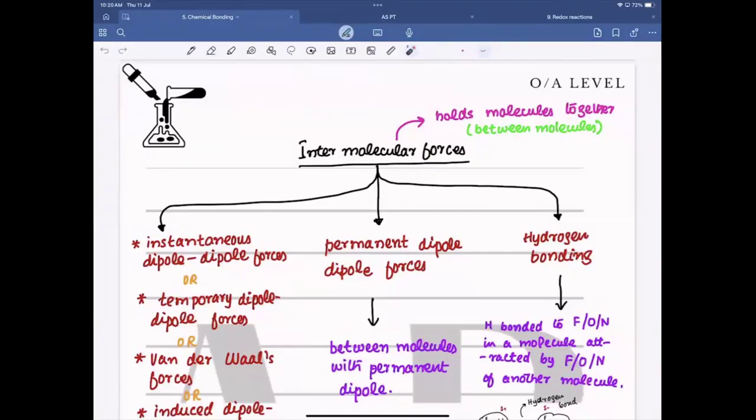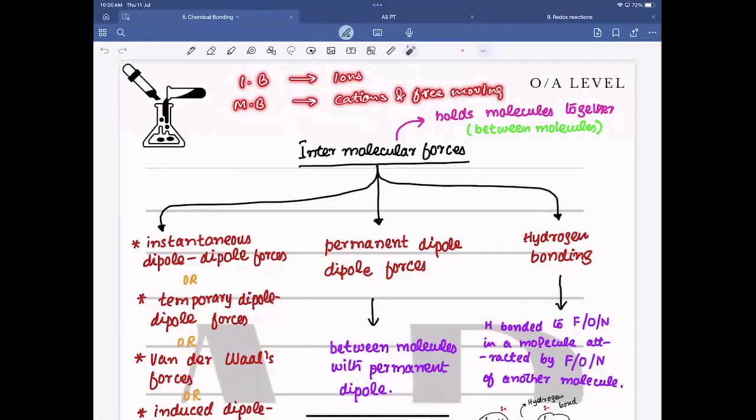Okay, so if I talk about ionic bond, it is between ions. If I talk about metallic bond, it is between cations and free moving electrons.